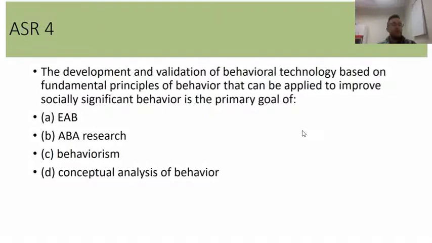The primary goal of A, EAB, B, ABA research, C, behaviorism, or D, conceptual analysis of behavior. A few more seconds. All right, I'll go ahead and close the poll. And the answer here is B, ABA research.